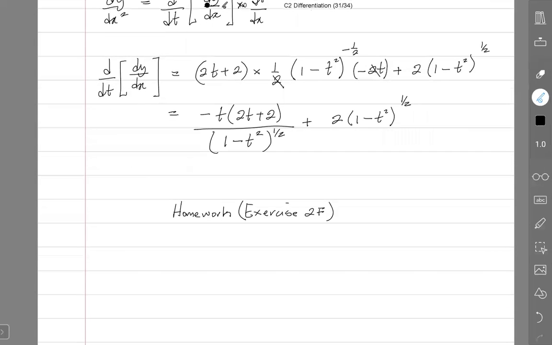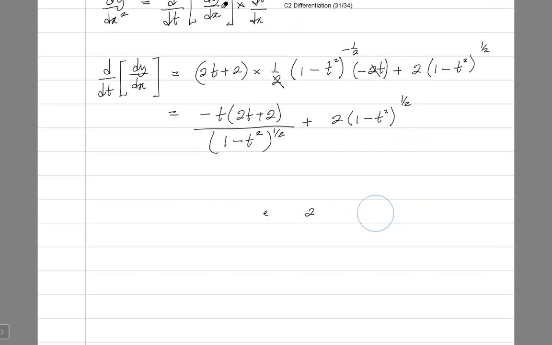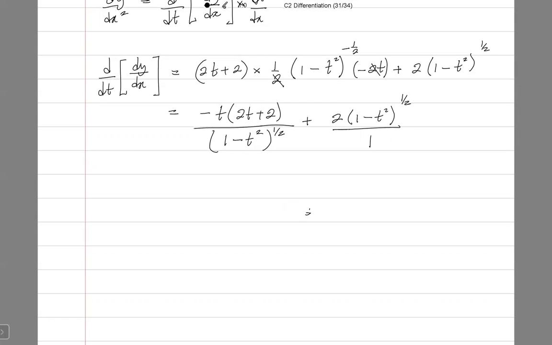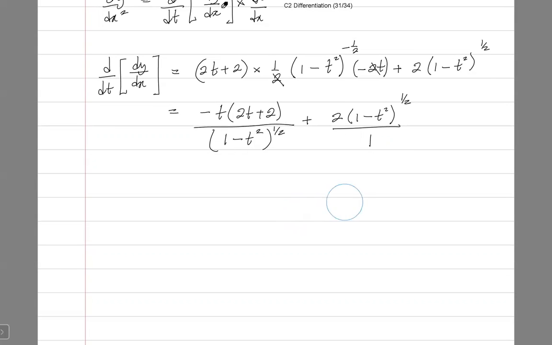All right, let's erase this and let's finish up. We just need to simplify it to get it to look like what they had originally. So all we need to do is simplify. Bring the 2 at the front. You're going to factor out the 2t plus 2 to minus 2t, and we have t plus 1.